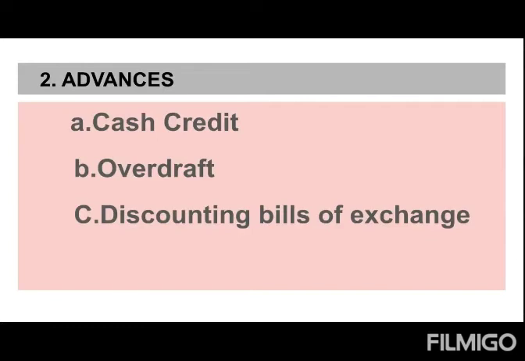Then the second one is overdraft. You studied overdraft in current account, because the overdraft facility is given only to which account holder? Current account holder, not to any other account holder. As per the overdraft, the current account holder is allowed to withdraw more money than their bank balance. But the extra money is called a short-term loan. And short-term, how many days?